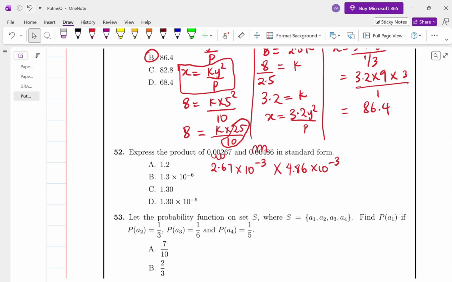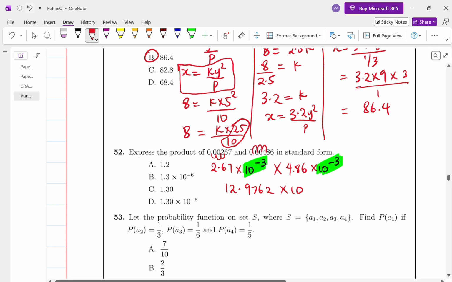If you multiply them, you're going to get 12.9762 times 10. Since we're dealing with the same base, we're going to be adding the powers. So 10 to the power of minus 3 and 10 to the power of minus 3: minus 3 minus 3 is minus 6. Now if you notice, this is not yet in standard form.